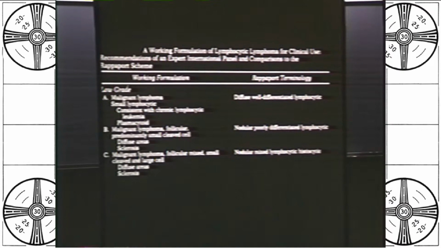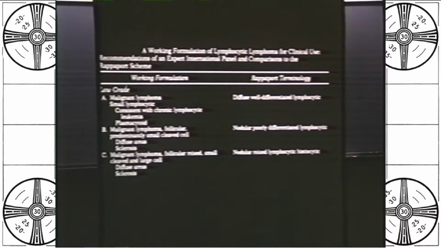I was trying to find one slide that would summarize the histology, but I couldn't. So you need to be familiar with something called the working formulation for the classification of lymphomas. This was an effort from the National Cancer Institute about 15 years ago.